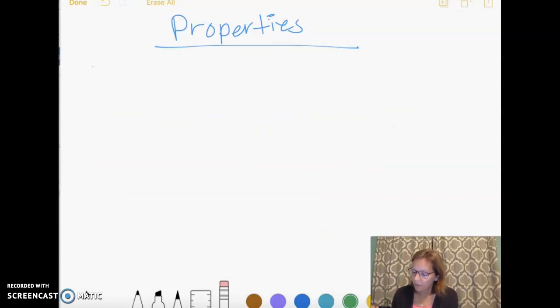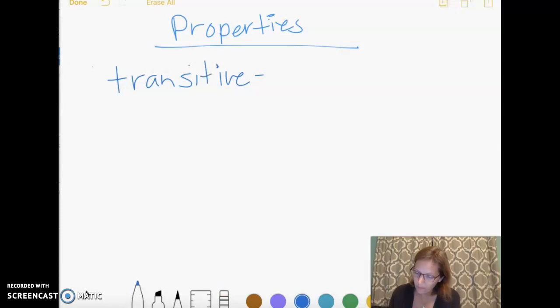Okay, almost done, guys. You're doing great. So, transitive. This is your favorite. I know you guys love this one. Okay, transitive property says, this is the best way to describe it, even though I know you guys don't like this example.